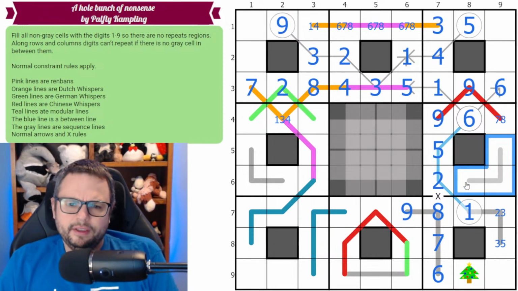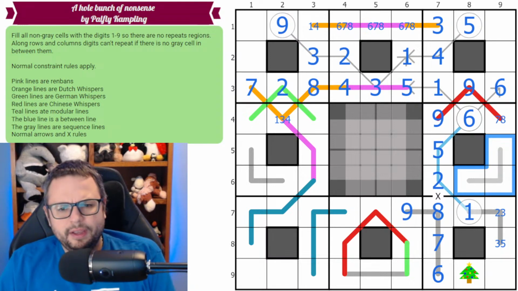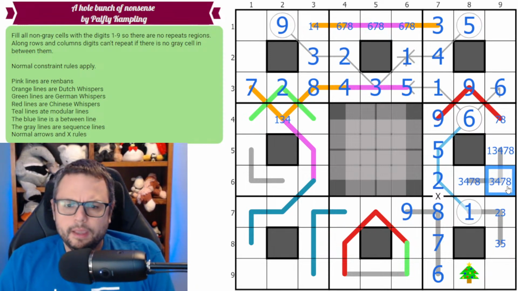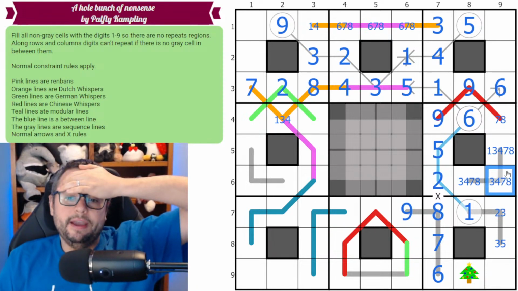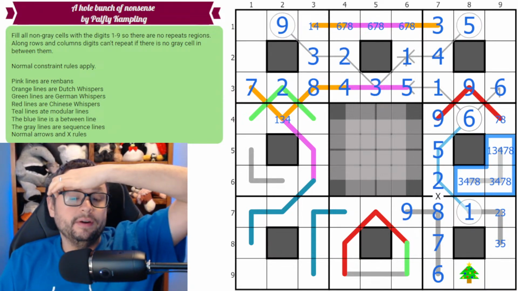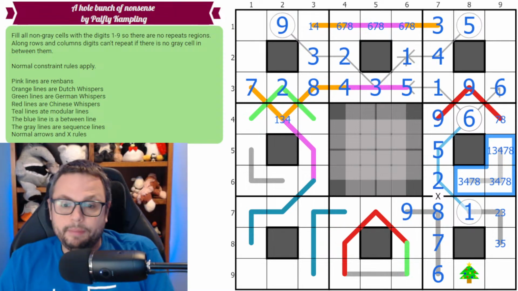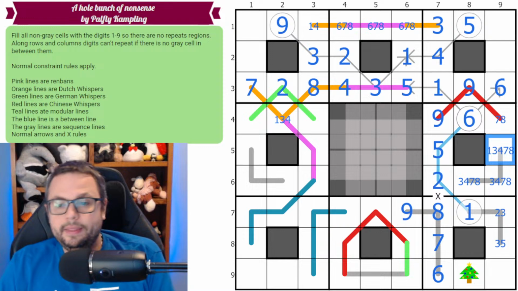Let's see. So what do I have left? 1, 2, 3, 4, 5, 6, 7, 8 is what I have left. Never put a 1 in the middle. So if I don't use 1, I have to make a sequence line out of 3, 4, 7, 8, which seems very unlikely to be profitable, because two of those numbers differ by 1. So one difference would be 1 and the other wouldn't be.